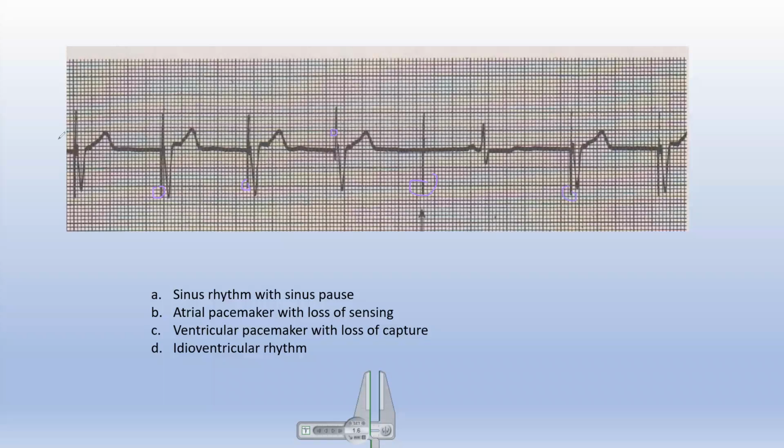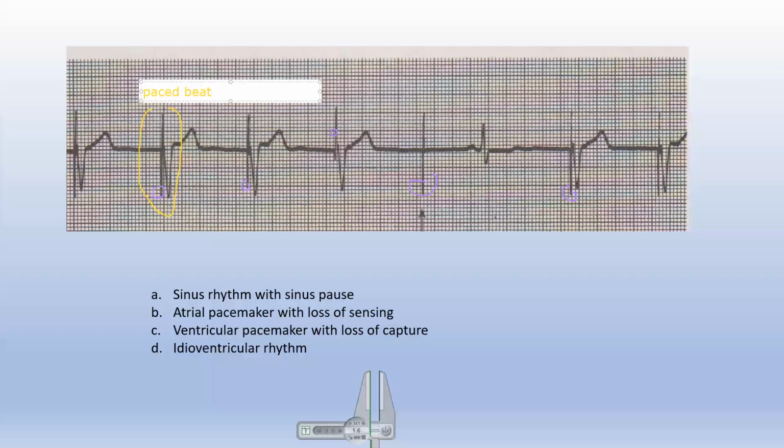So these are artificial marks caused by the discharge of an impulse from an artificial pacemaker. So these spikes are what we call pacing spikes. So when looking at these beats, we characterize these beats because they're caused by the pacemaker as a pace beat. So we would call this a pace beat.